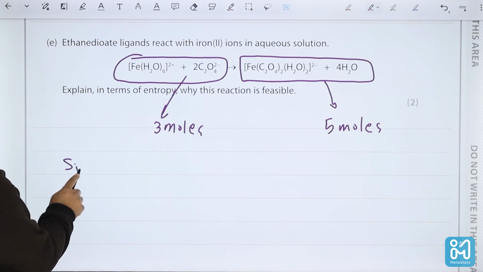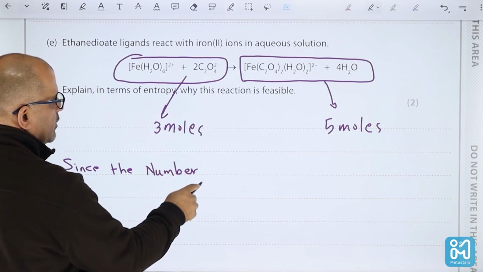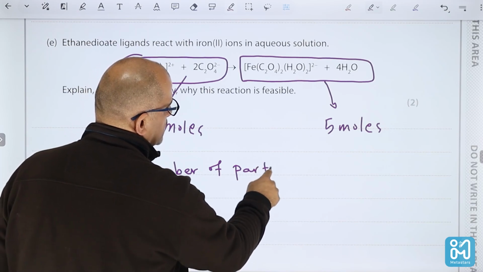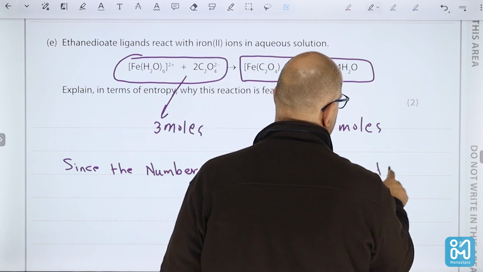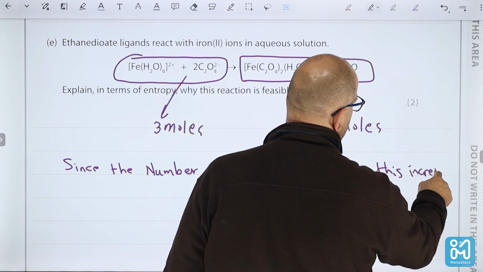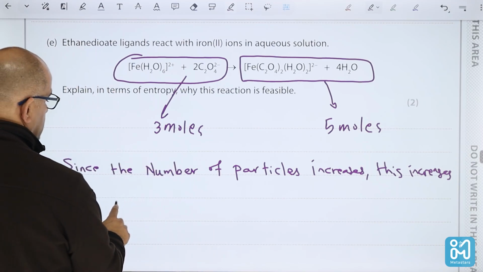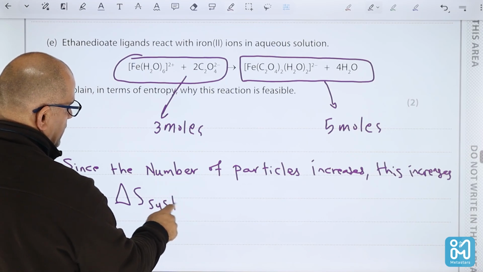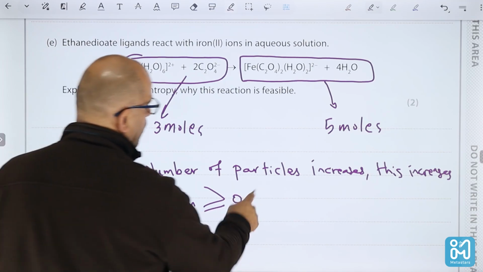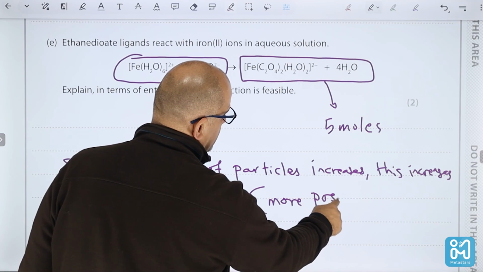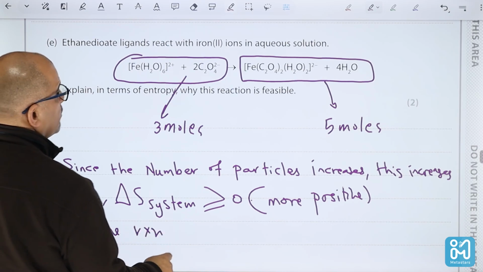So since the number of particles increases, this increases the delta S for the system, or it makes it more than zero or more positive. That's why the reaction is feasible.